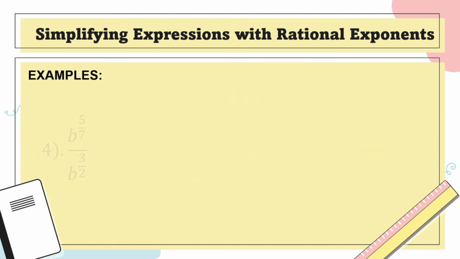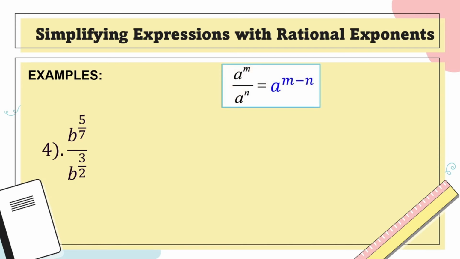To number 4, we have b raised to 5 over 7 divided by b raised to 3 over 2. Applying the same law, when same base and dividing, the exponents are subtracted. So copy the base, b raised to 5 over 7 minus 3 over 2.